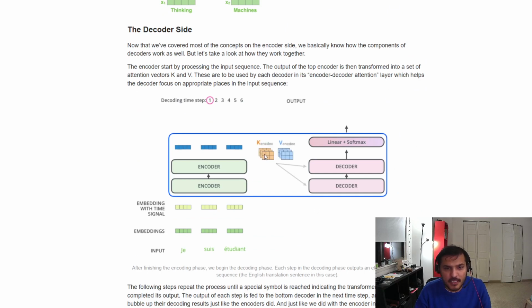Yes, so that's what I was saying. In the encoder decoder attention, the queries come from the words that it has decoded, and because you want to see the attention between the input and output sentence, the keys and values come from the encoder.